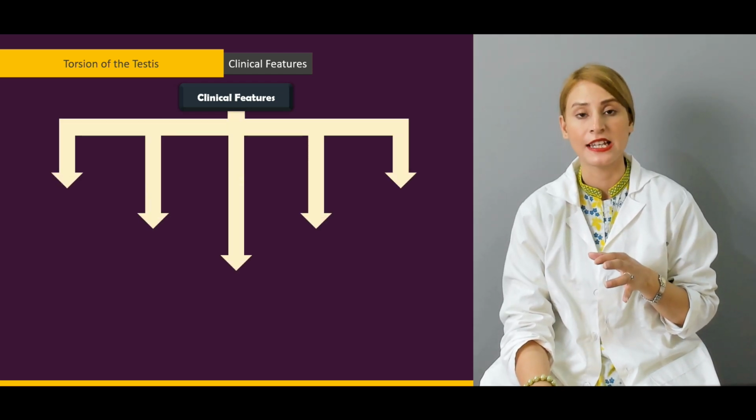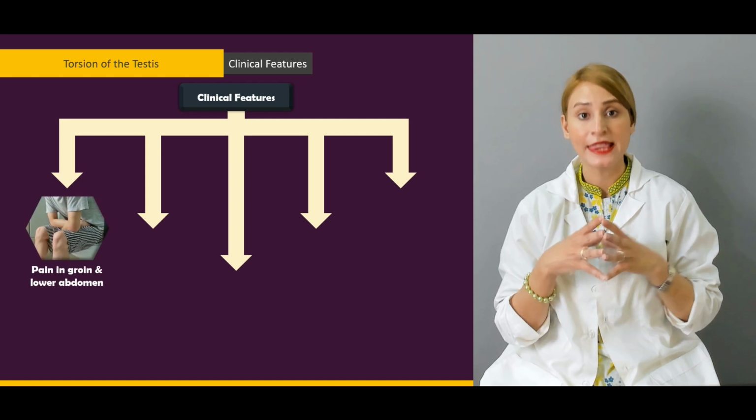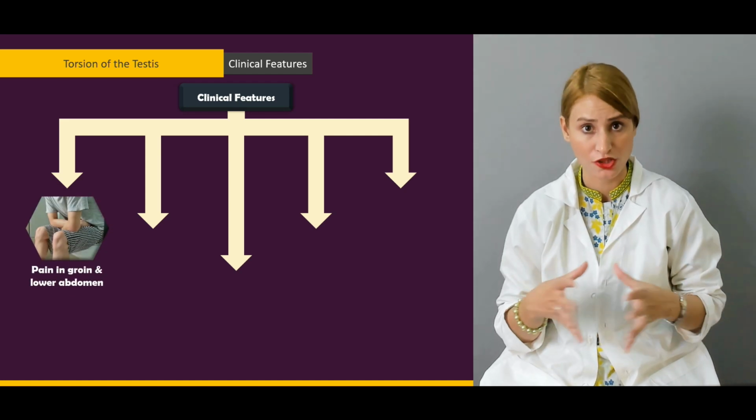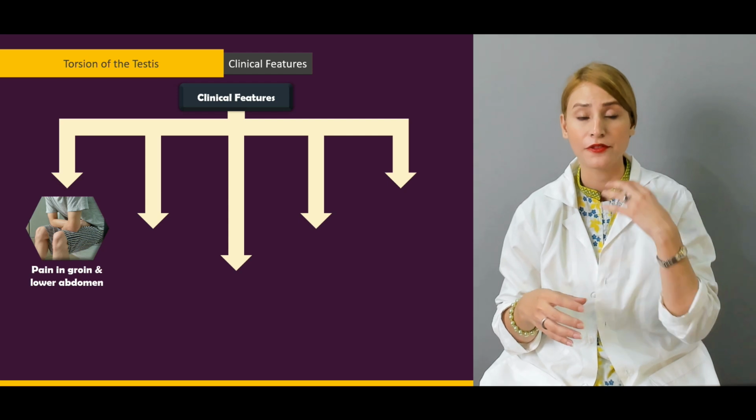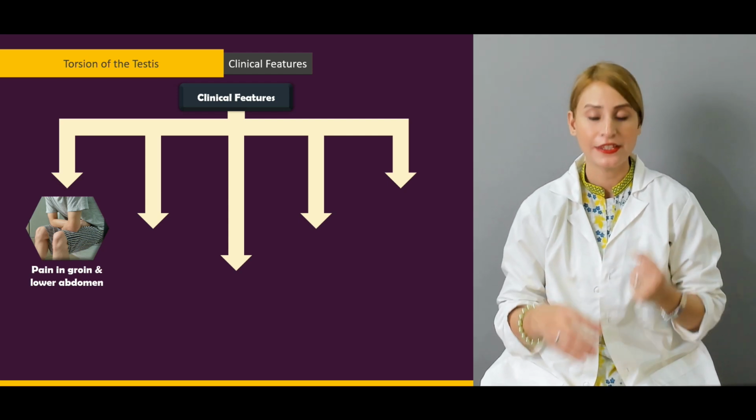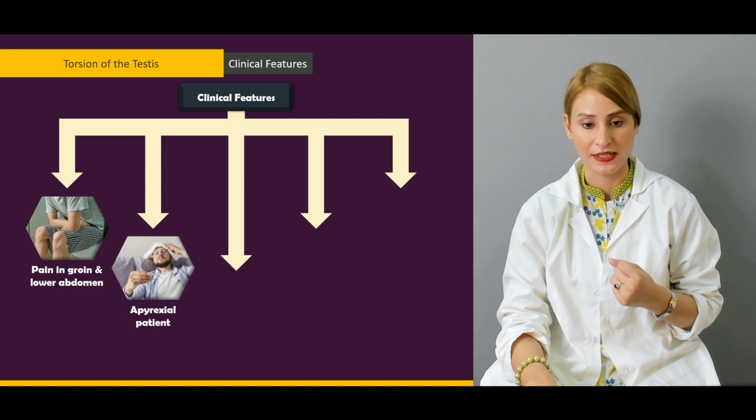In case of torsion of the testes, there are specific clinical features, and one of the most important is testicular pain. This pain is disproportionate and very severe, in the groin and the lower abdomen as well.